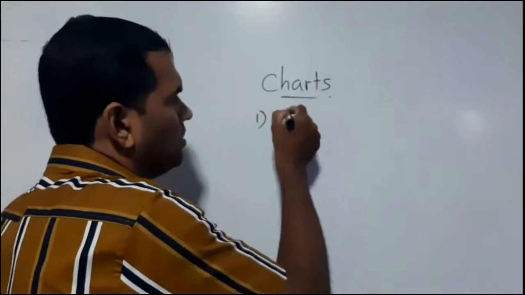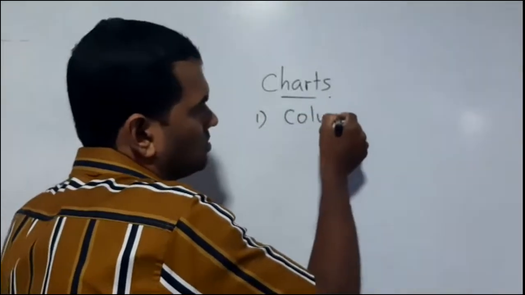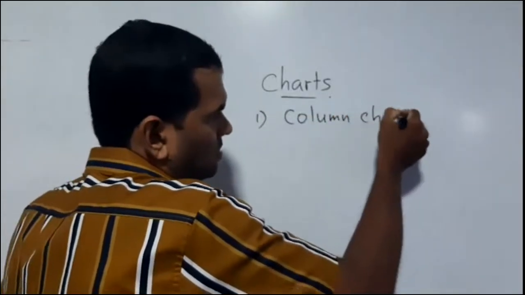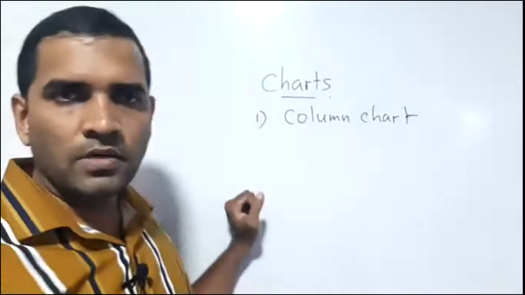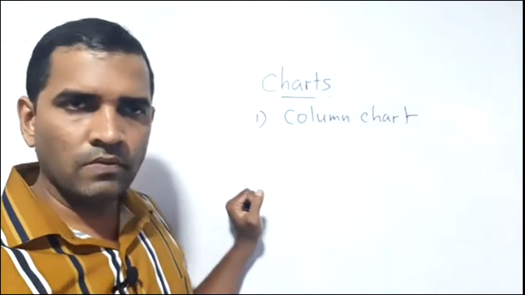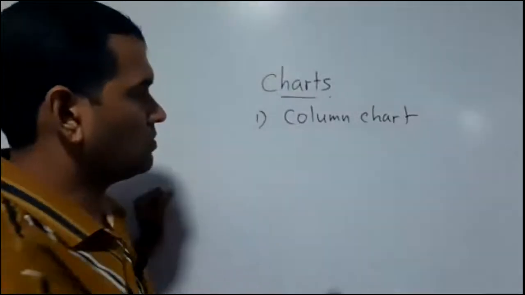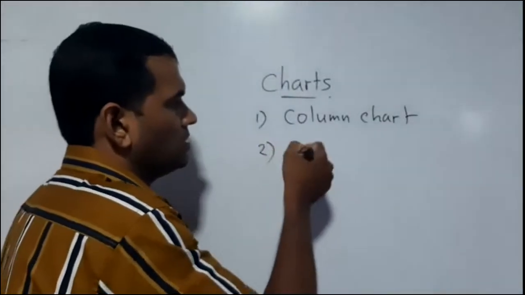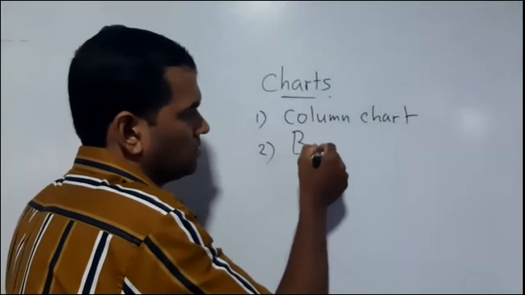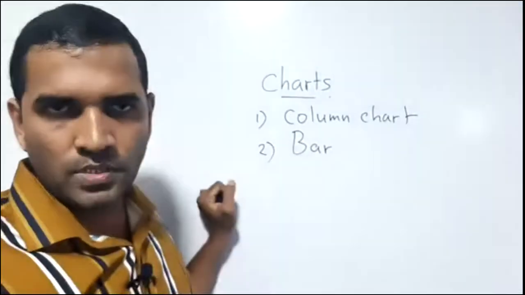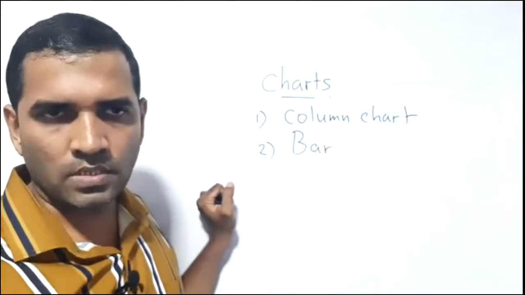The first one is called column chart. Let me introduce the names first. After that, I will explain. Column chart. Second, there is a chart called bar chart. Column chart is different from the bar chart.